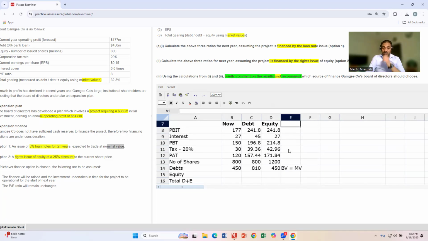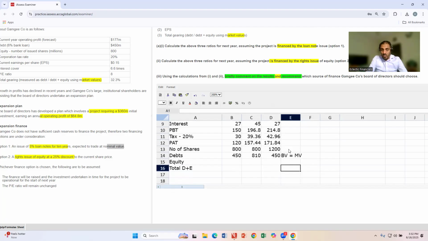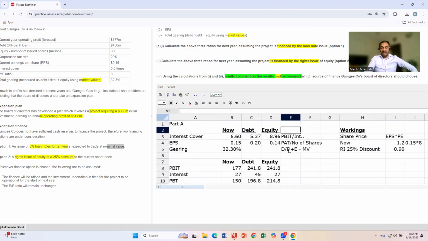Now what about the equity? We need to calculate equity market value. How to calculate equity market value? There are two possibilities. Number one, share price multiplied by number of shares.